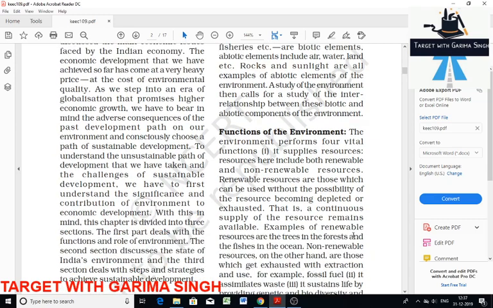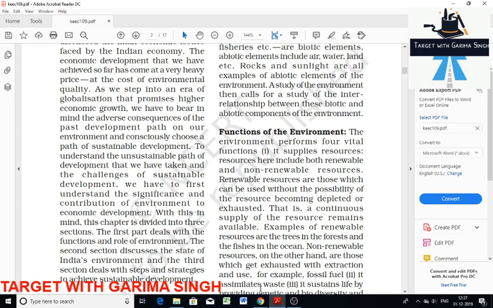Then we will discuss the functions of environment. First one is supplies resources. Resources such as renewable and non-renewable sources of energy are supplied by the environment. Then assimilate waste. Production and consumption activities generate waste which is absorbed by the environment.